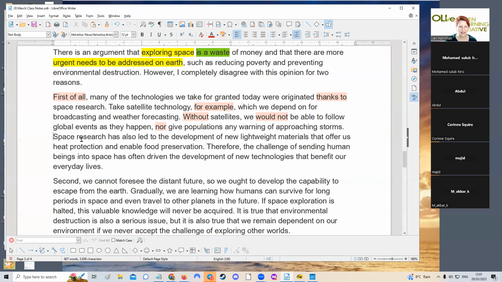What is the other example that they've given? Led to. There's another one of our results words. The development of new lightweight materials that offer us heat protection and enable food preservation.